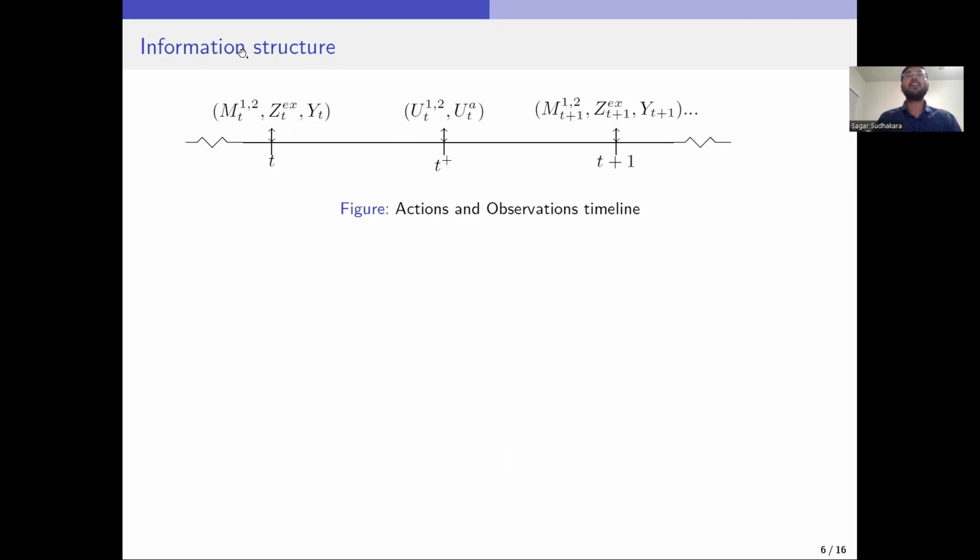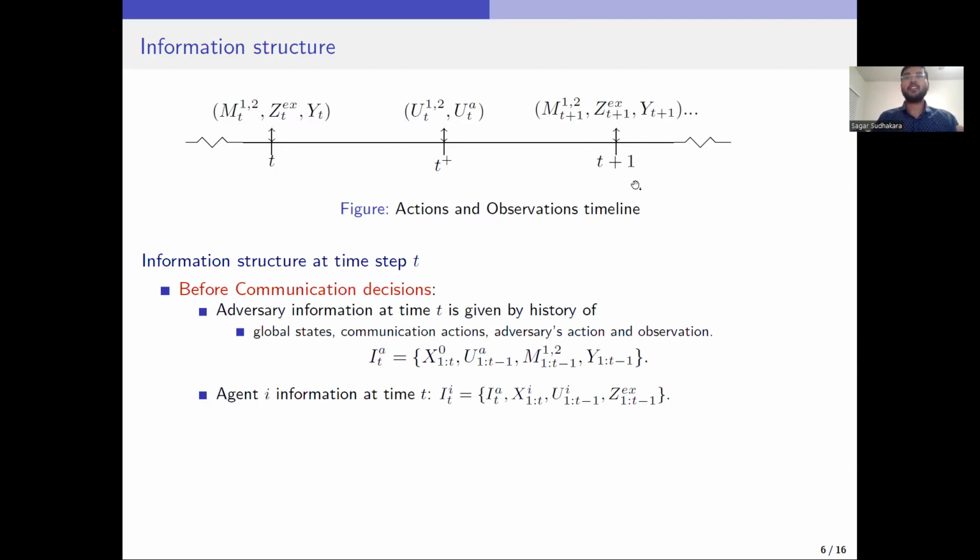And the adversary obtains a noisy observation of the exchanged information. At time t plus, control actions of the agents and control action of the adversary are taken. Again at t plus 1, the communication actions and the communication observations by both the agents and the adversary are seen. So this repeats.